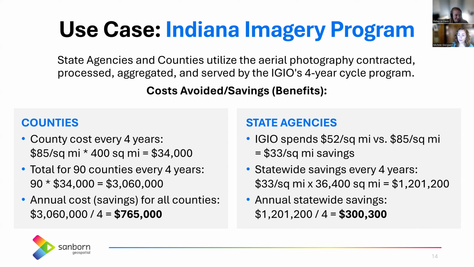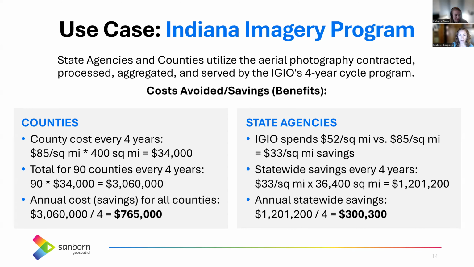So starting with the counties, their costs avoided or their savings can be calculated if we assume an average county area is the size of 400 square miles. With that assumption, the cost every 4 years for a county to buy the imagery on their own might be $85 per square mile times that 400 square miles. That would equal about $34,000.